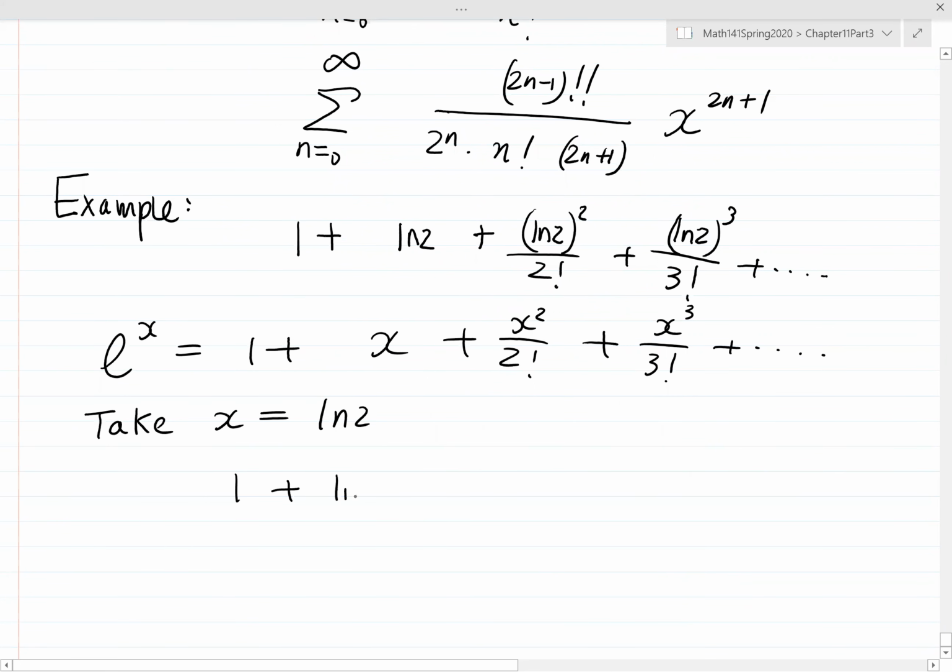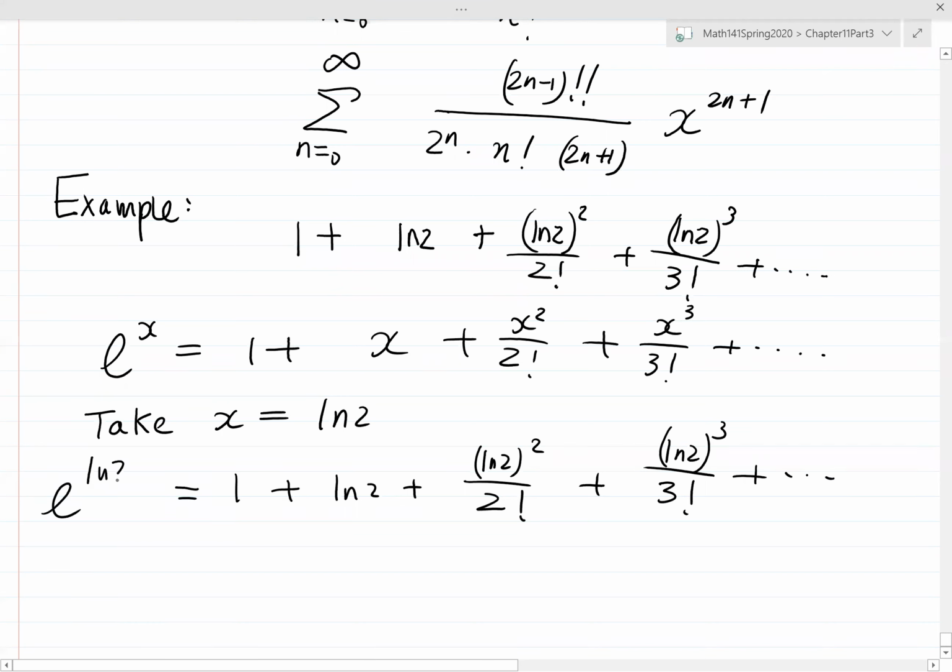Then we get 1 plus ln 2 plus ln 2 squared over 2 factorial plus ln 2 cubed over 3 factorial, etc., etc. The left side we get e to the ln 2. And e cancels ln, so this actually equals 2. So the right side converges actually to 2.